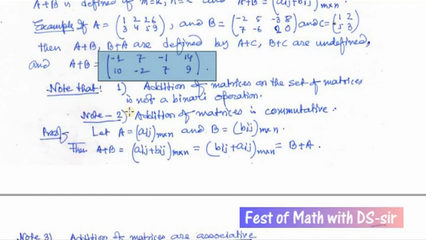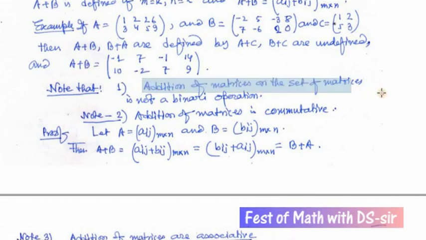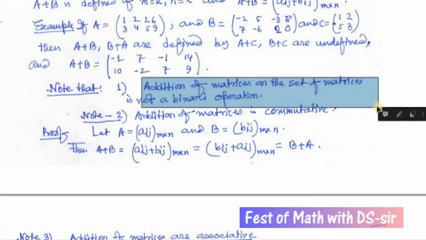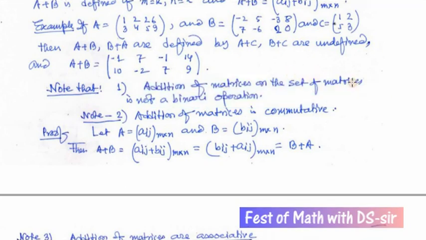Now some properties of addition of matrices. Addition of matrices on the set of matrices is not a binary operation because you can't add any two matrices. But if we choose the set as the set of matrices of the same order, then it is a binary operation.